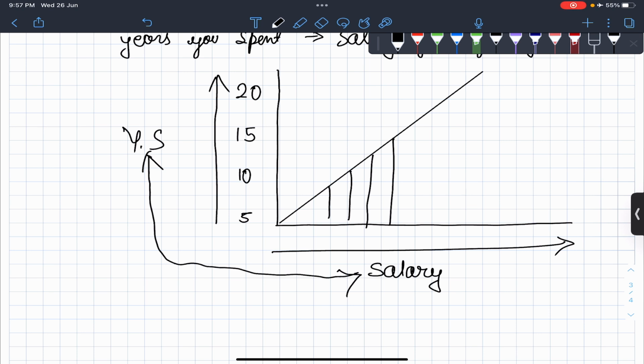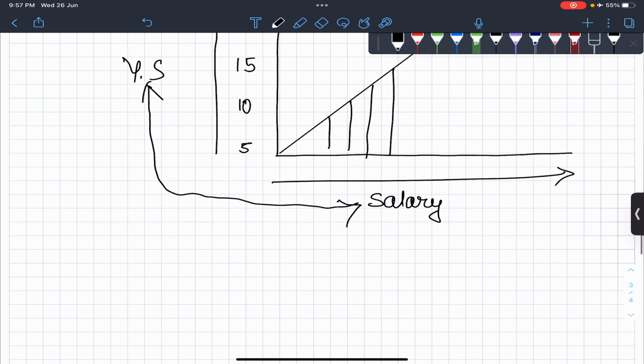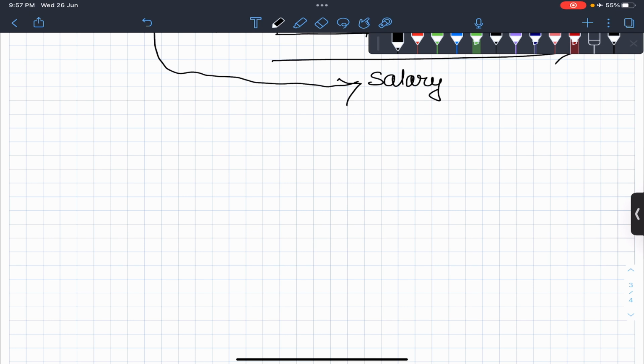Now, it could be used interchangeably. The salary could be here and time here, but it doesn't matter, like it is a graph, it's just an example. So what we can do is find a solution. Now how can we find a solution? We know that there's a relationship between the salary and the time.